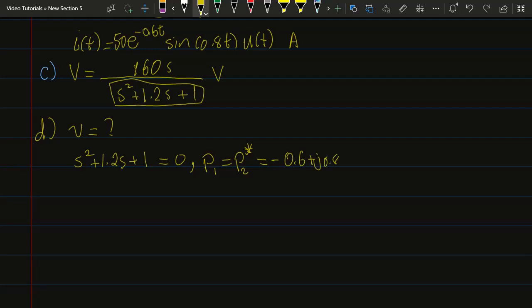So this means that V will become, after factorization, 160s over s minus P1 times s minus P1 conjugate, or P2. So s minus P1 is s minus this, so I will revert the sign.